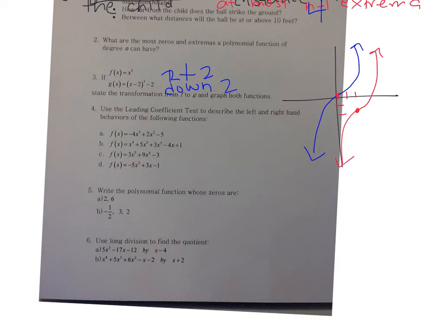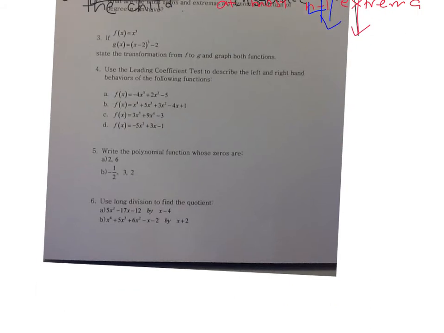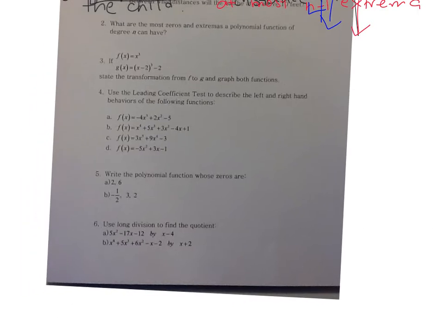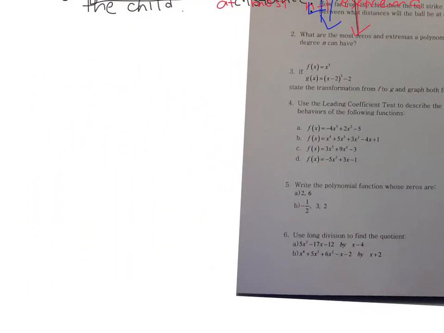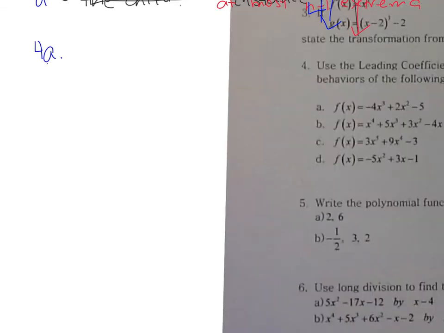Okay, so let's take a look at number 4. The leading coefficient test, and talk about what happens at the end behavior. So 4a. We have a degree of 3, which means it's odd, and my leading coefficient is negative 4.